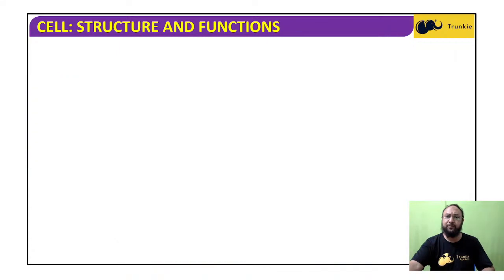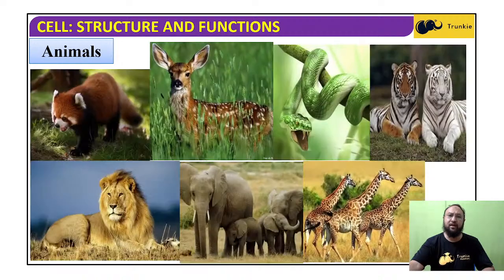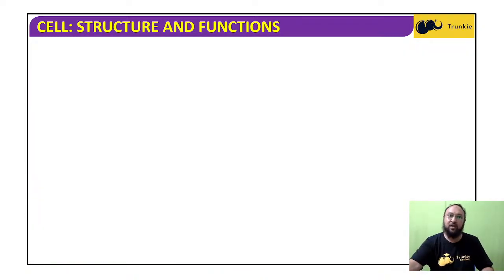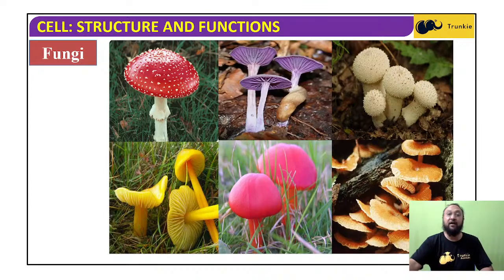Then the animals, whether mammals, reptiles, amphibians, fishes, or other animals like starfish, arthropods, mollusks, snails, or small worm-like animals, all are made up of eukaryotic cells.